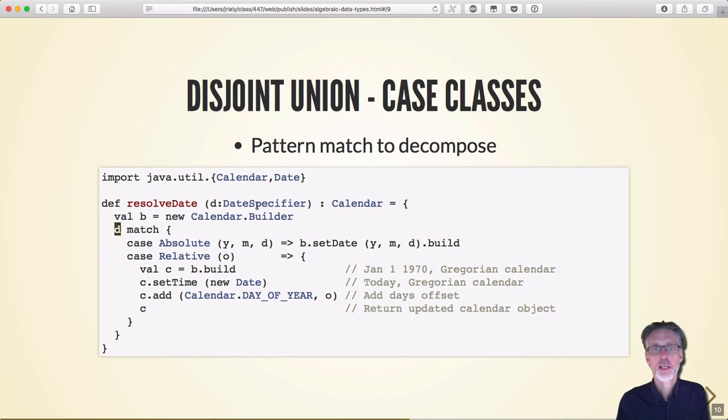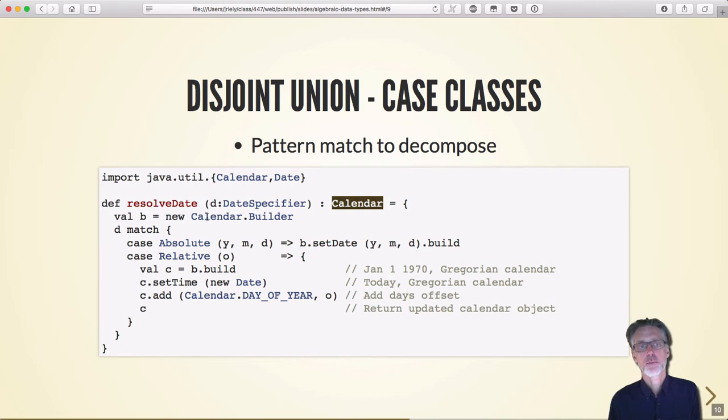It's going to take a date specifier and return a Java calendar object. Java's calendar object is a way of representing a time in Java. Terrible name, but anyway, that's what it is. What I want to do is take the date specifier and get an object representing that time.